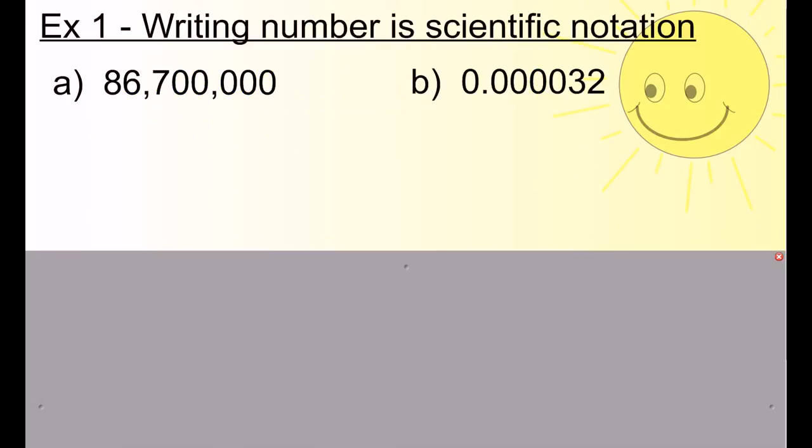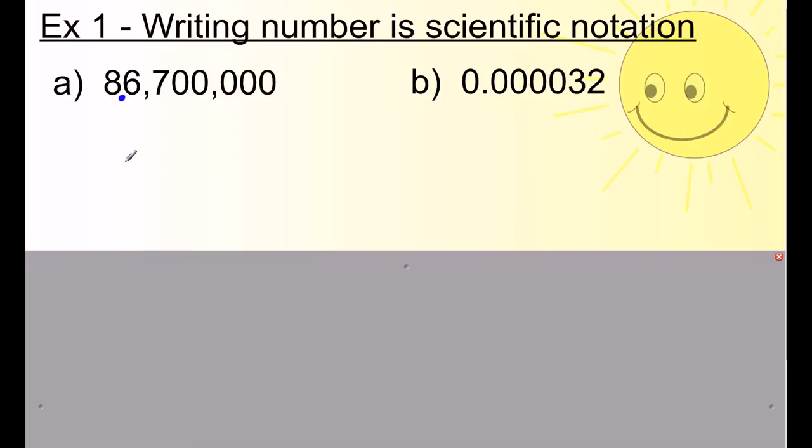So I'm going to start off by taking some numbers that are in standard form, just the normal way you would write a number, and we're going to write them into scientific notation. So the first problem here is 86,700,000. The way we're going to write this in scientific notation is we're going to imagine we want our decimal to be right here.